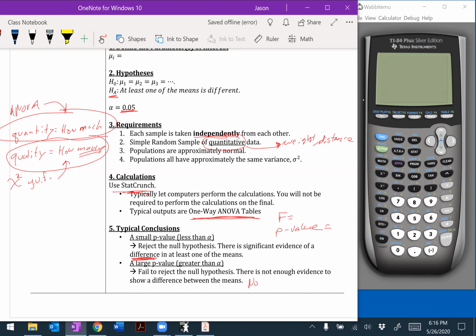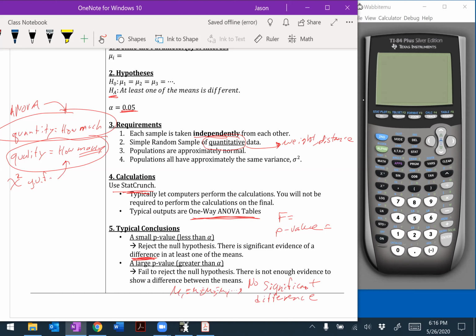Maybe I'll put that: no significant difference. If we fail to reject the null, then we would say mu1 is equal to mu2 is equal to mu3 is equal to mu4, for all of the mu's, and no significant difference.